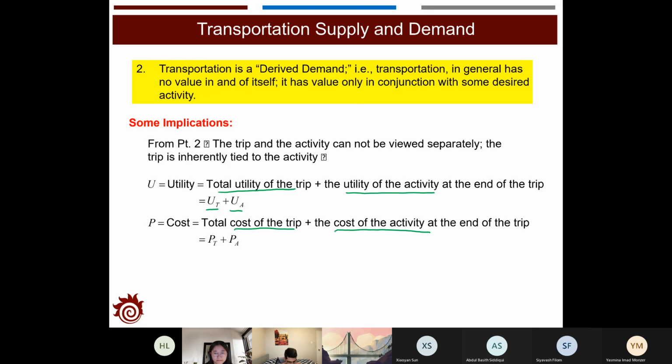If you go to some theme park, you need to purchase the ticket. So it also consists of two components: the cost of the trip and the cost of the activity.